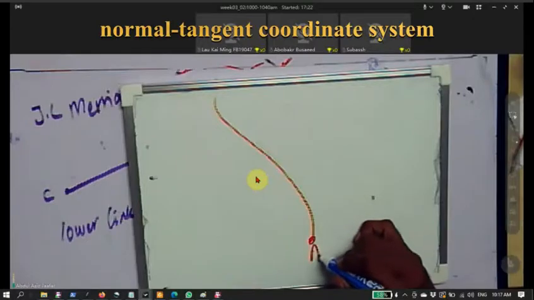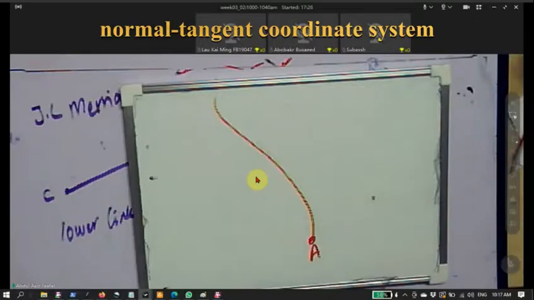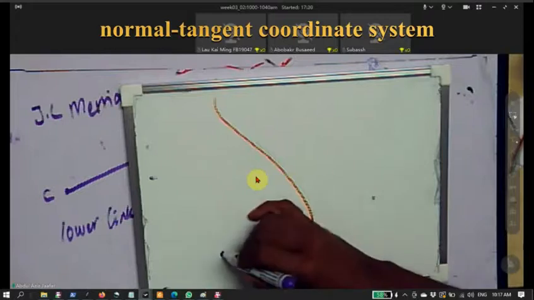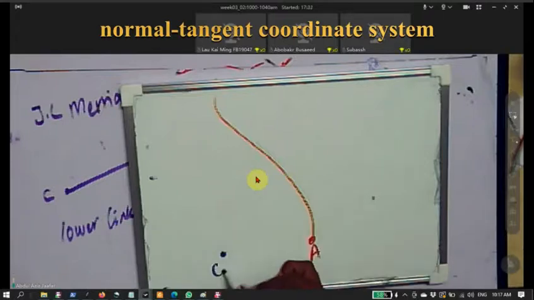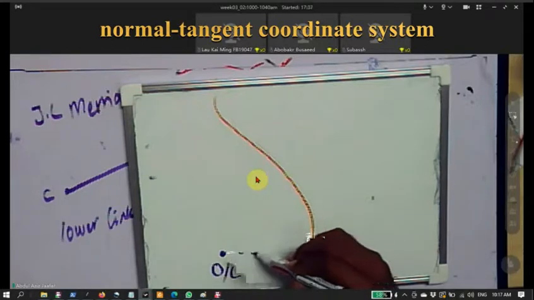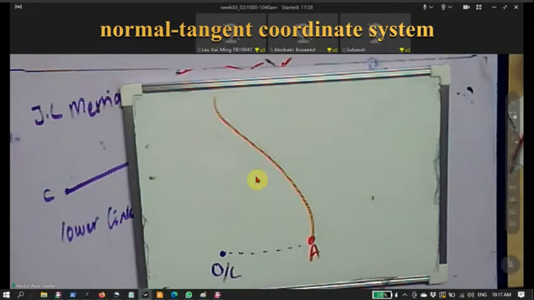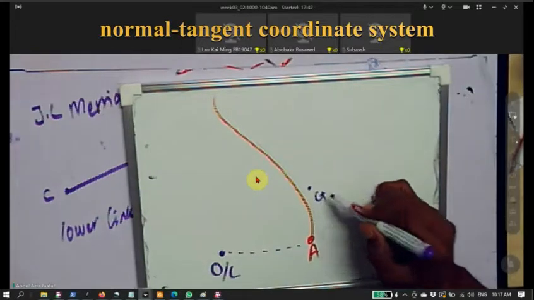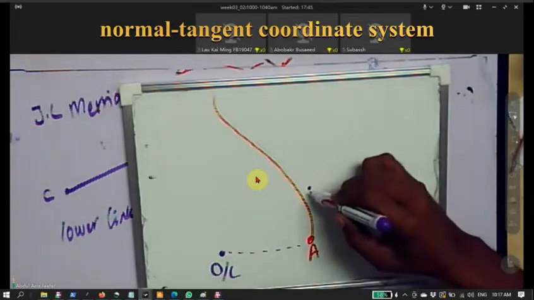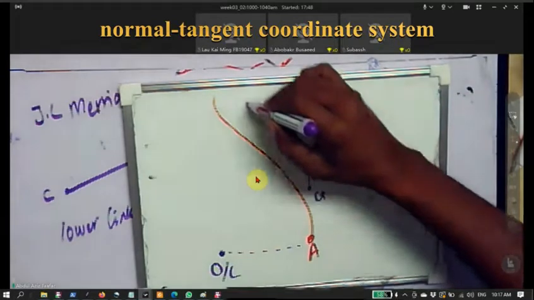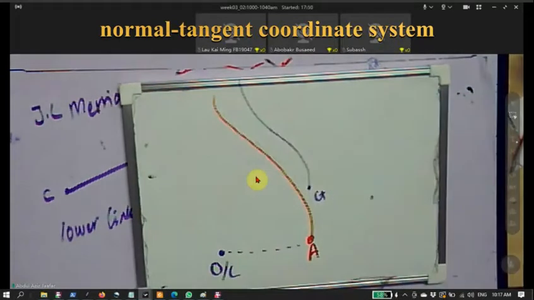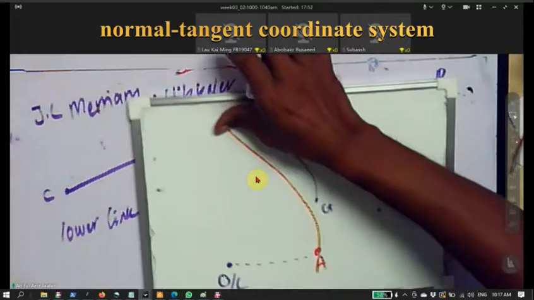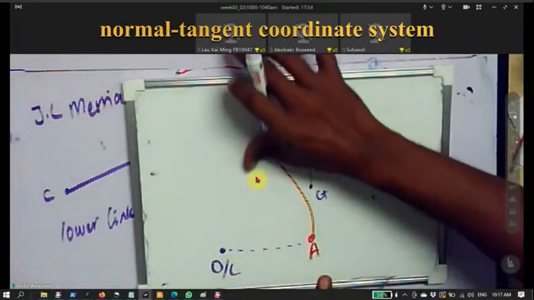Let's say we have A and it moves. We have G, it also has the same trajectory. Just consider half of it.